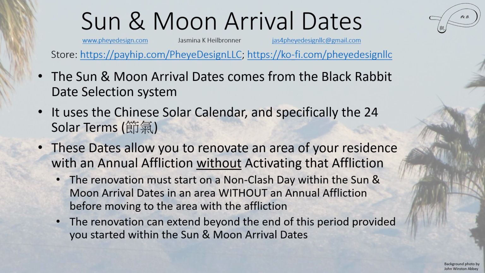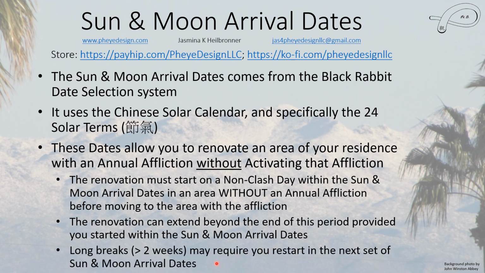The renovation can extend beyond that 2-week period. And most decent renovations, most large renovations, do last longer than 2 weeks. This has been shown by other practitioners, that this does work, that it's okay to go beyond 2 weeks.